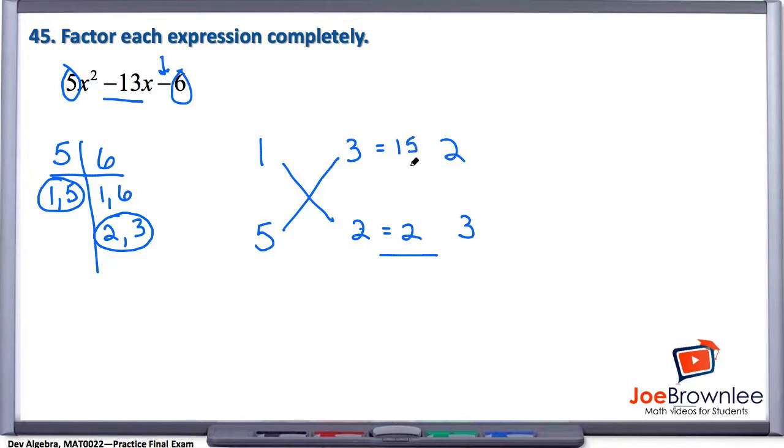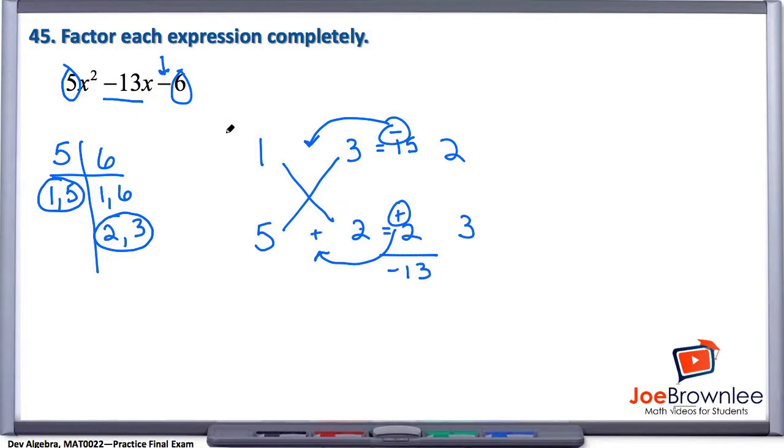Is there some combination using a 15 and a 2 that we can get to a negative 13? Well, yeah, I think we can, right? If we let the 2 be positive and this 15 be negative, we can use, therefore, subtraction to get to a negative 13. And remember, whatever sign you put with the cross product bounces over.